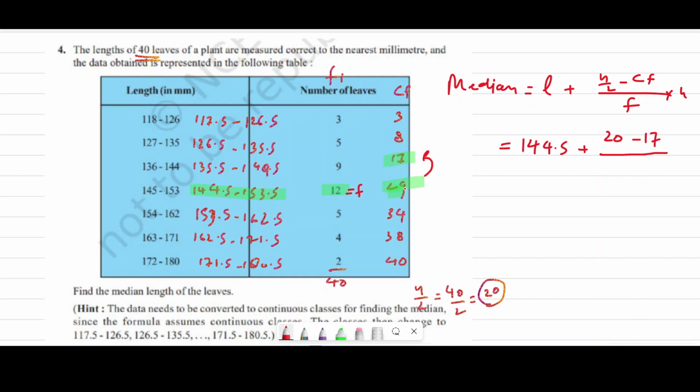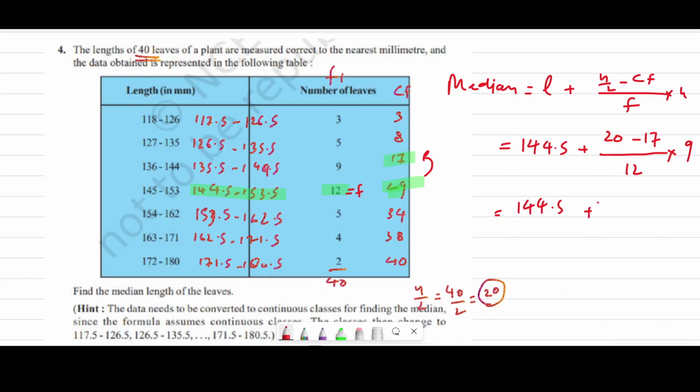This is F, 12, into h. What is the size of this class? Calculate the size, which is 9. Now solve this value.